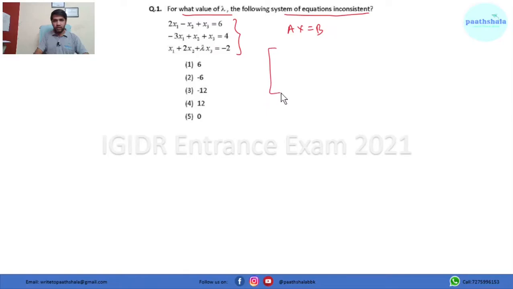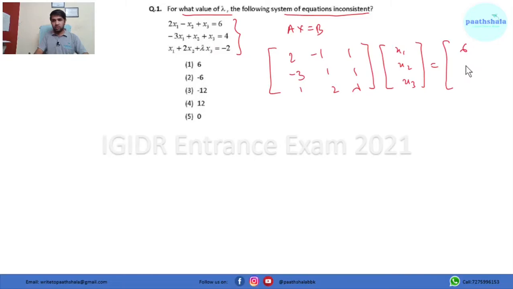So we will get 2, -1, 1, then -3, 1, 1, then 1, 2 and lambda, and here we will get x1, x2, x3, and on this side we will get 6, 4 and -2.